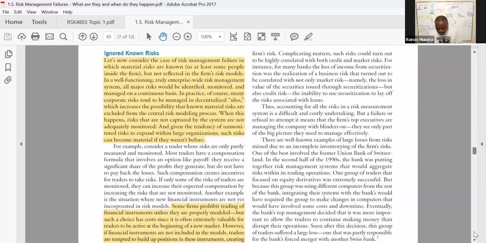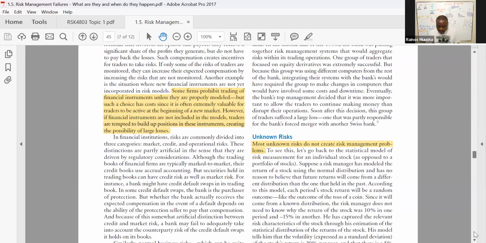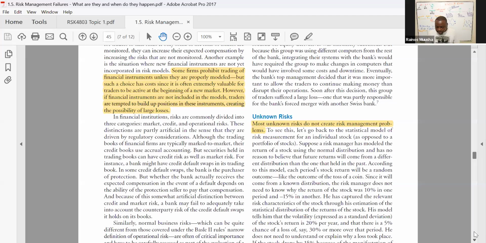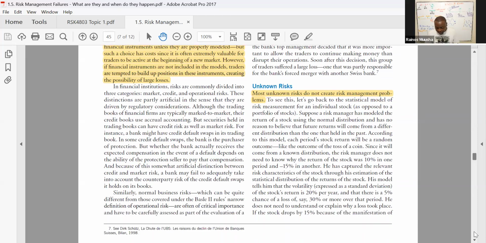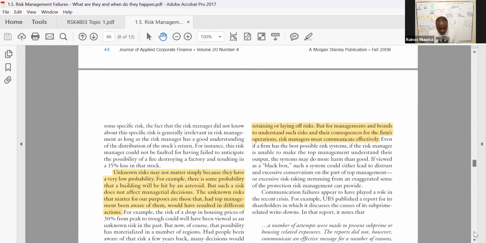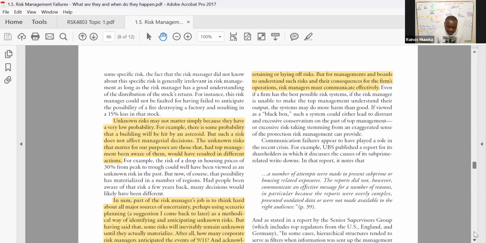Then they also discuss unknown risks. And yet they say most unknown risks do not create risk management problems. They also go on to say unknown risk may not matter simply because they have a very low probability. For example, there is some probability that a building will be hit by an asteroid, but such a risk does not affect managerial decisions.